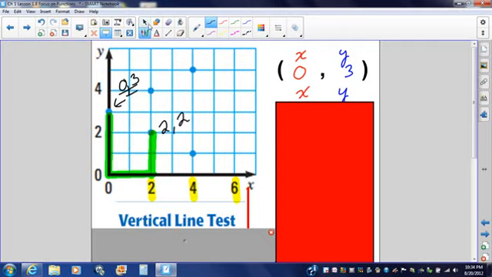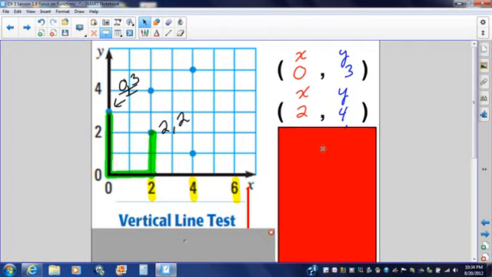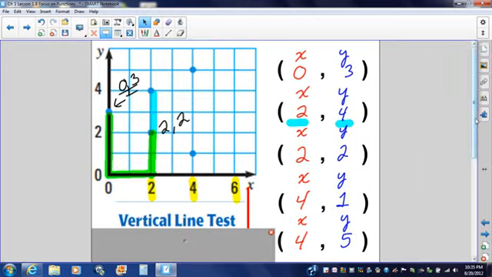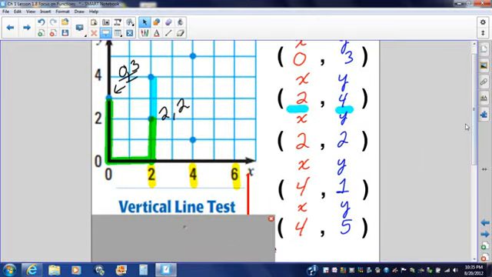So on your paper, here is 2, 2, and then the next one, we'll do it in a different color, would be 2, 4. If you were to write down the rest of the ordered pairs, this would be 4, 1 and 4, 5. So on your paper, make sure you have those ordered pairs.